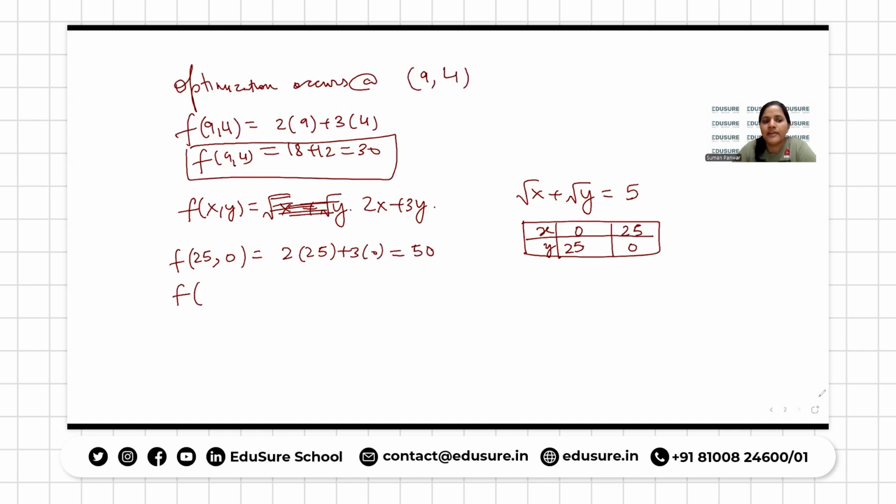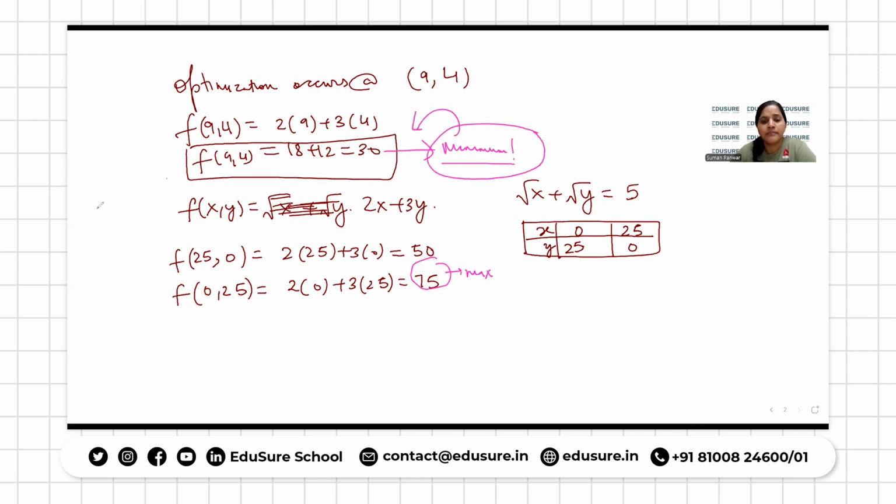And at (0, 25), it is 2 times 0 plus 3 times 25, which equals 75. So by the Lagrange method, we should have been able to optimize. We can see that this is the minimum and this is the maximum. We got the minimum value using the Lagrange method, but we did not get the candidate for the maximum value. Using the Lagrange method, we should have been able to get this point.